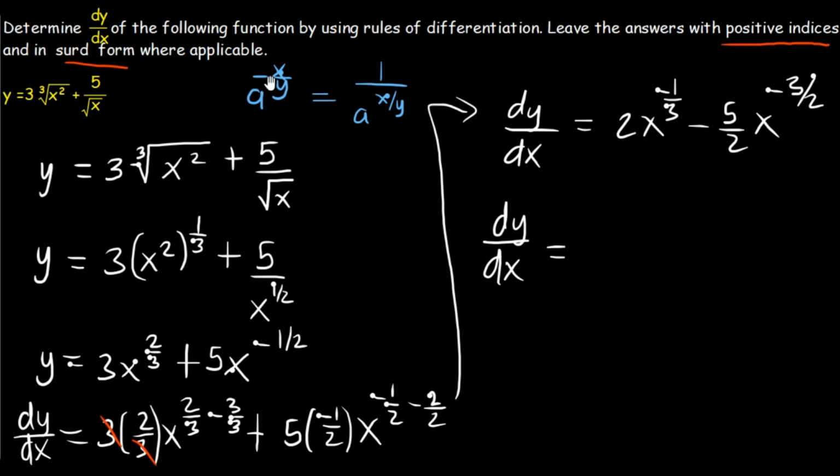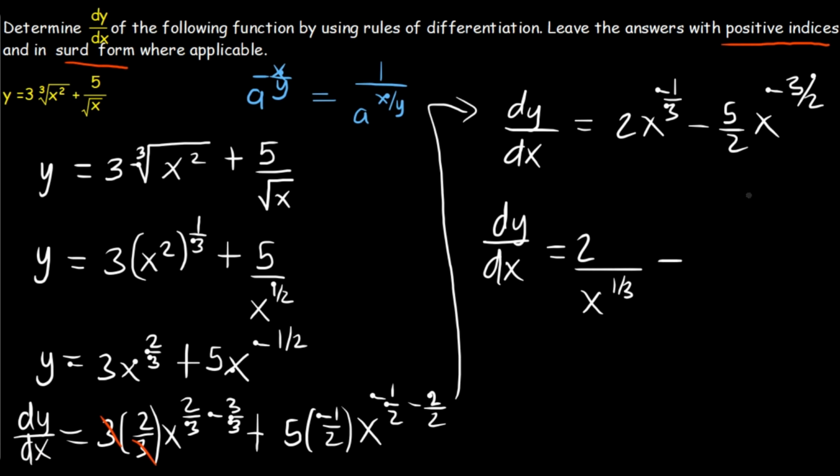So we are trying to get rid of the negative on the indices. We have to express it in this way. So on this term of x, we're going to say 2 over x raised to the power of 1/3.